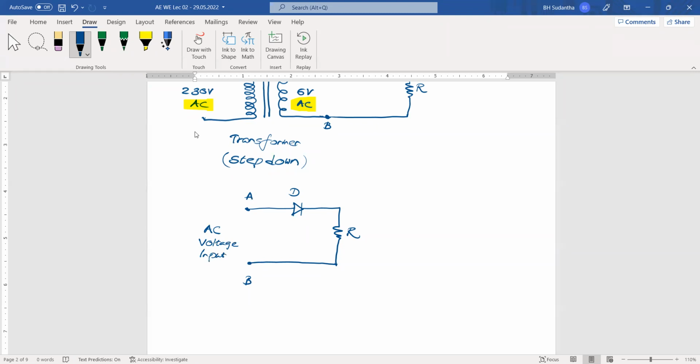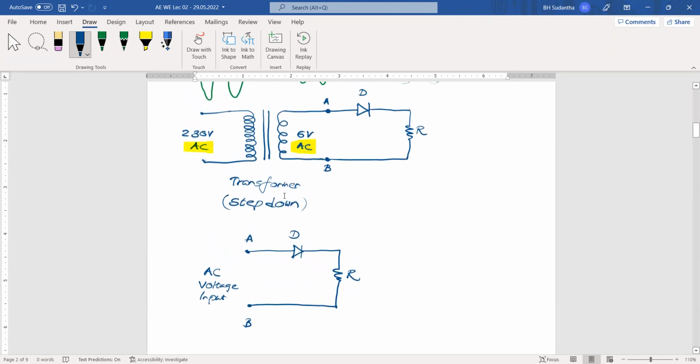Because why I have drawn this second diagram, the below diagram here. Here for the voltage reduction, we have used this step down transformer.